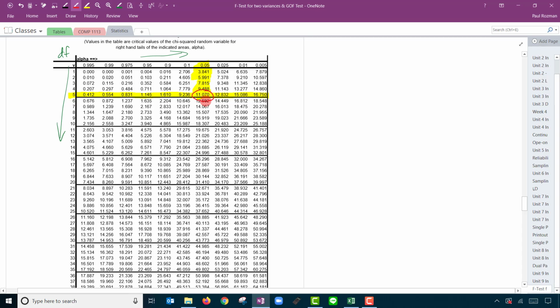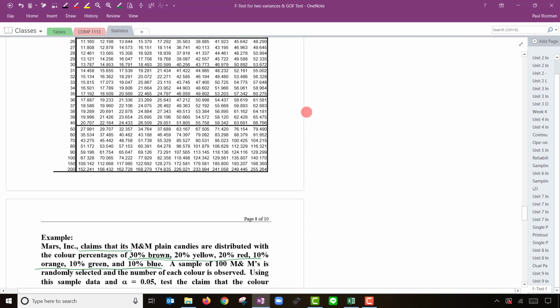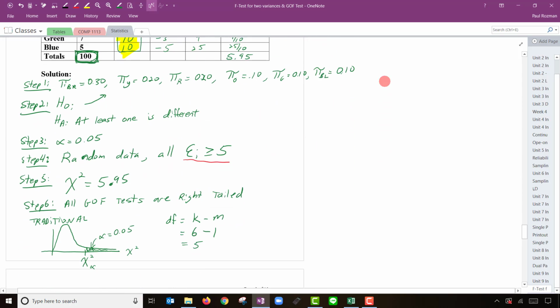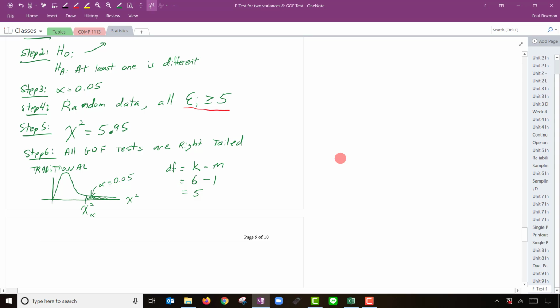The critical value is 11.070. The test statistic was 5.95, which isn't to the right of the critical value. 5.95 falls somewhere in here. In fact, it falls pretty close to the middle.